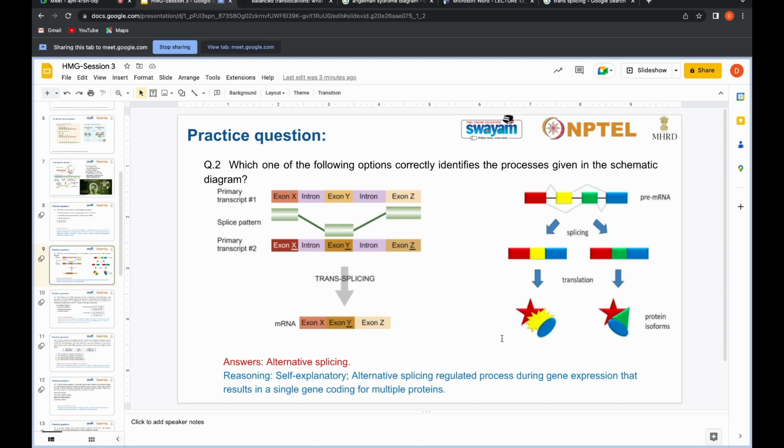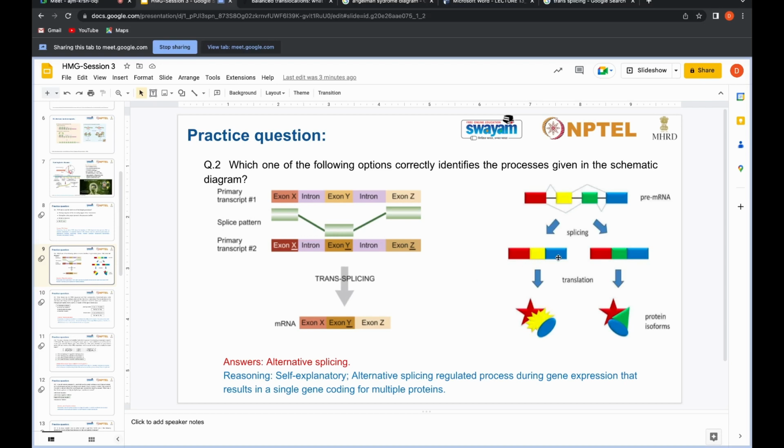But alternative splicing is defined for the entire set of transcripts generated. In alternative splicing, the exons need not lie adjacent to one another. There can be exon skipping events, where one transcript has four exons and another only three. Or there can be events where an intron is retained because it was not spliced, so the two exons get combined together. That case you can observe in alternative splicing, but not in trans-splicing.